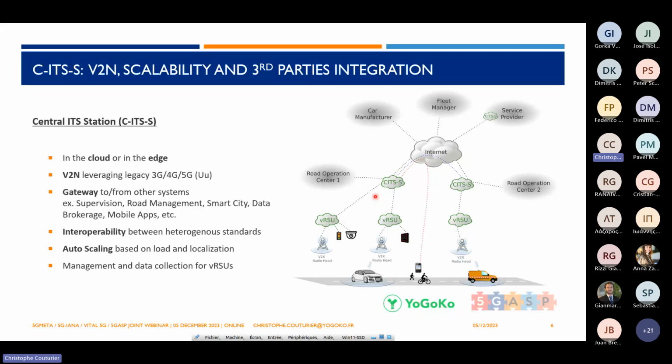And doing so, we are able to bridge, for instance, a V2X radio head that is working in ITS-G5 with another one which is working in CV2X, and also with a smartphone that is operating standard Uu link over 4G or 5G. So thanks to that, we make the necessary bridging between these technologies.